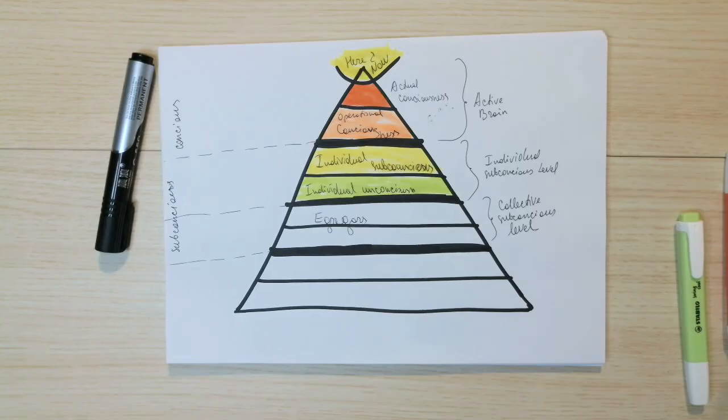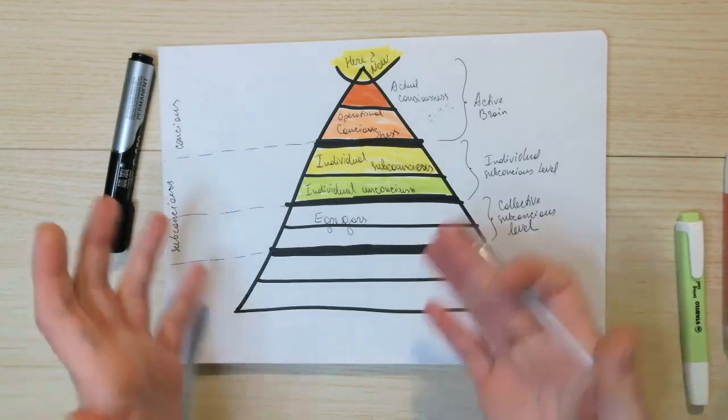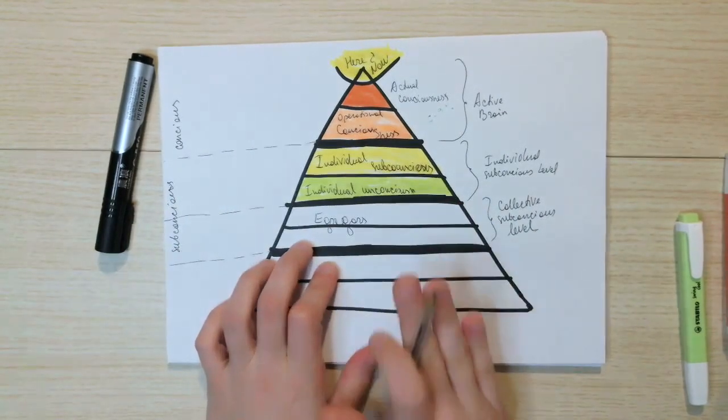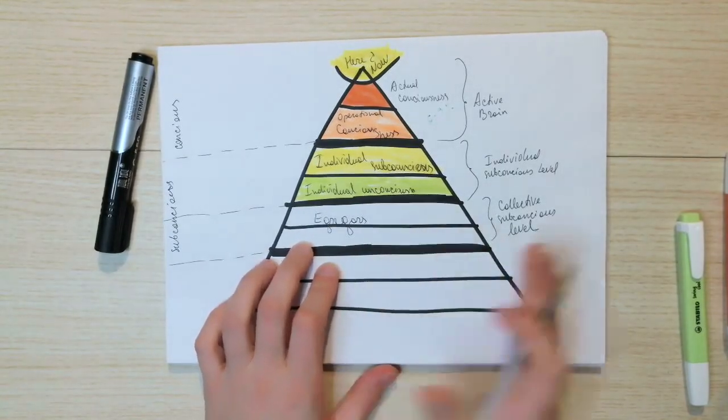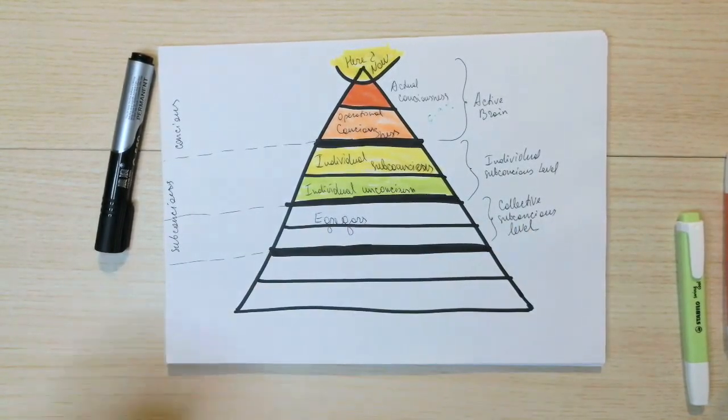An egregor is a collective field of consciousness, a shared energetic and psychological atmosphere that forms when people come together with common thoughts, emotions, and intentions. So an egregor can be a family, religion, culture, a company, a nation, even an online community.